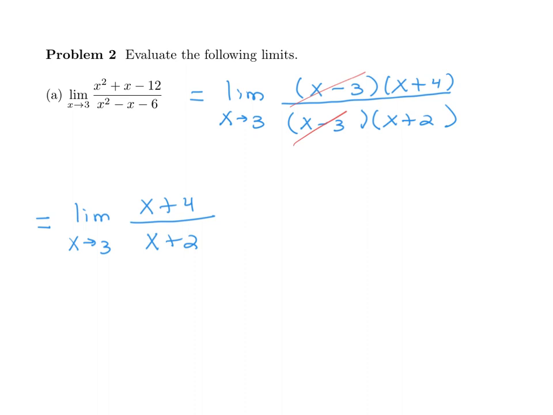And the answer is yes. This is a rational function which is defined at 3. So by direct substitution, we can say that this limit is equal to 3 plus 4 divided by 3 plus 2, which simplifies to 7 over 5. And that is the completely simplified answer, and it's equal to the limit that we started with.